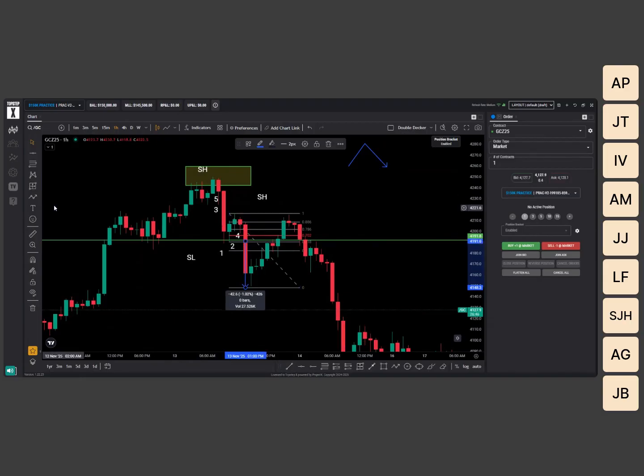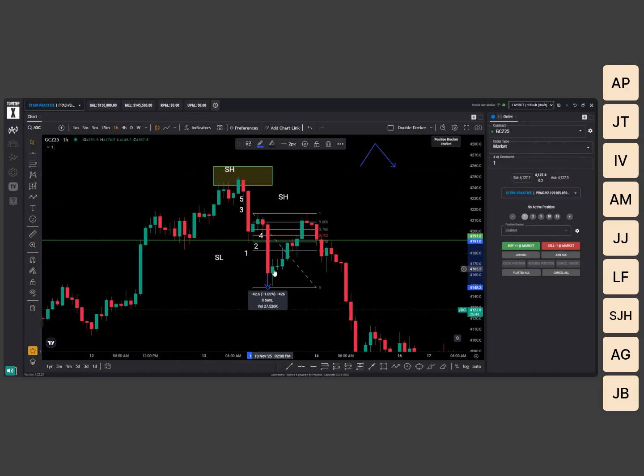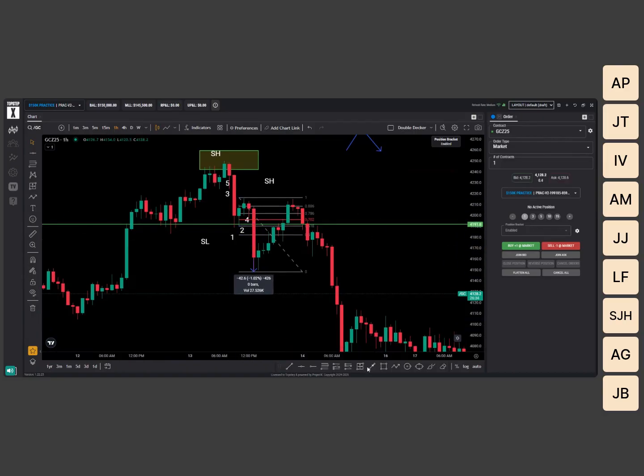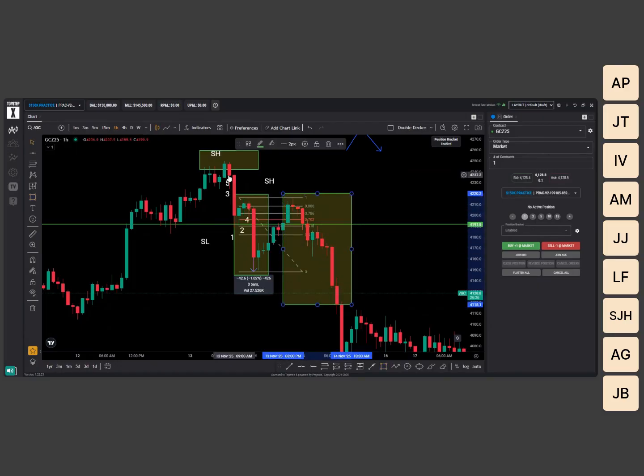Now, the two zones where you'd be looking for a sell, as soon as structure breaks, as soon as we get this close below this previous low, we know that we are now in a downtrend. So the two areas you're looking for a sell would be in this range and in this range.